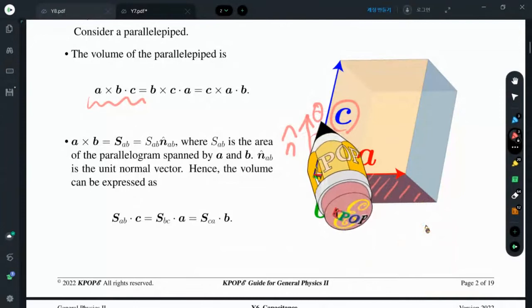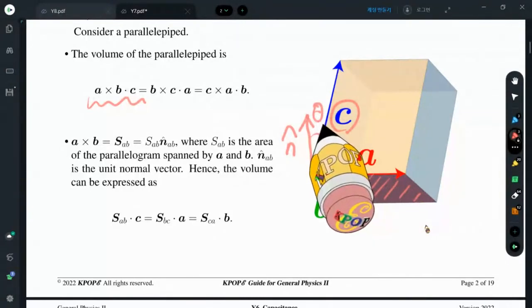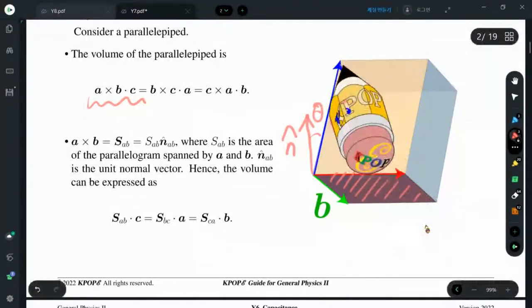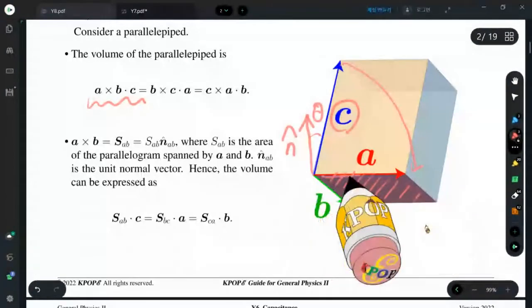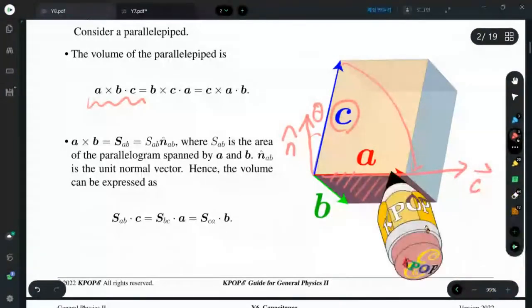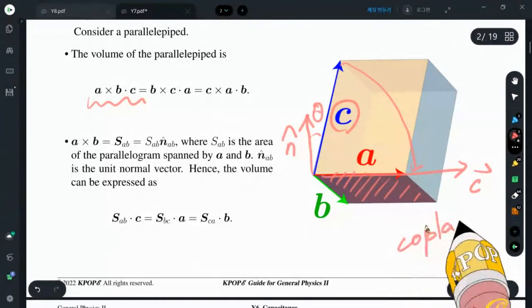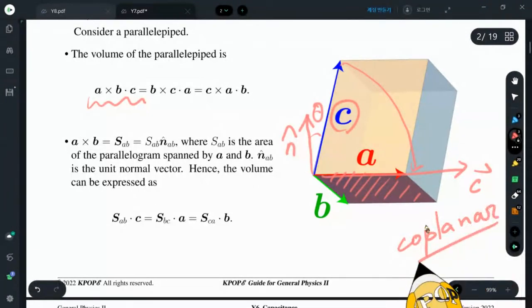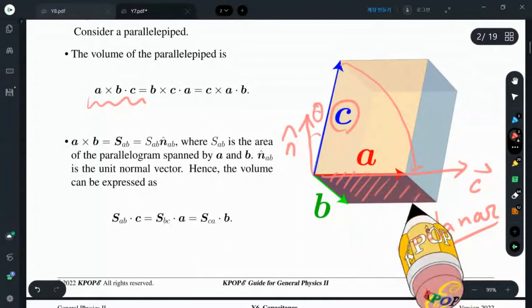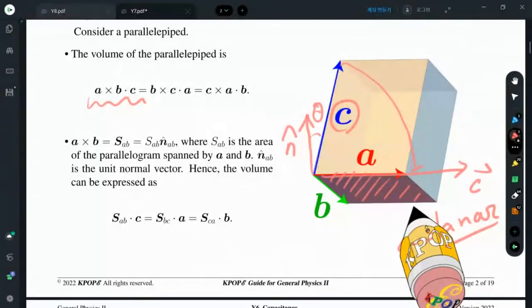If theta becomes 90 degrees, meaning C rotates about in this way, then A, B, C are coplanar, and the volume becomes 0.